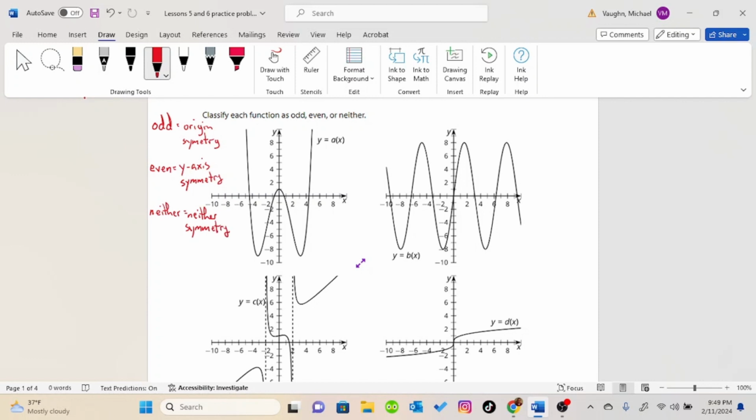So, as we look at this first one, you can see that if you folded this graph in half along the y-axis, it would be symmetrical. Therefore, this is an even function.